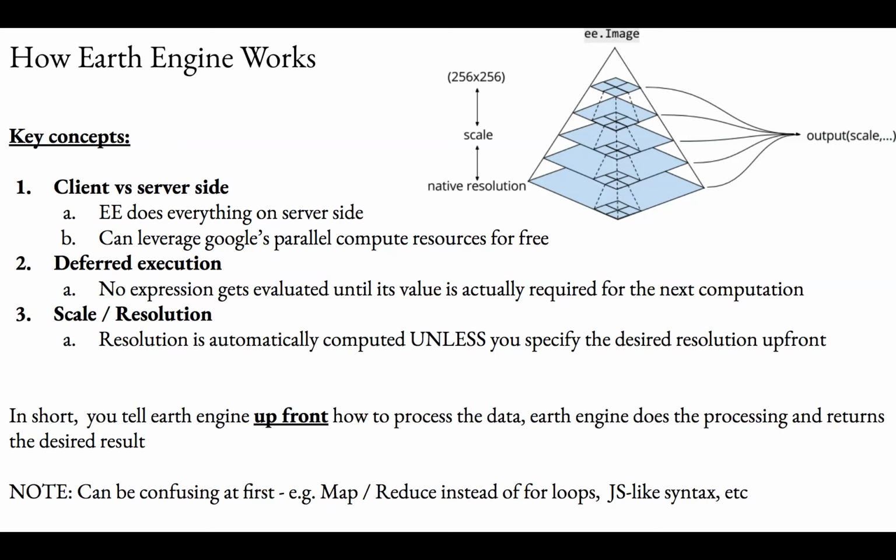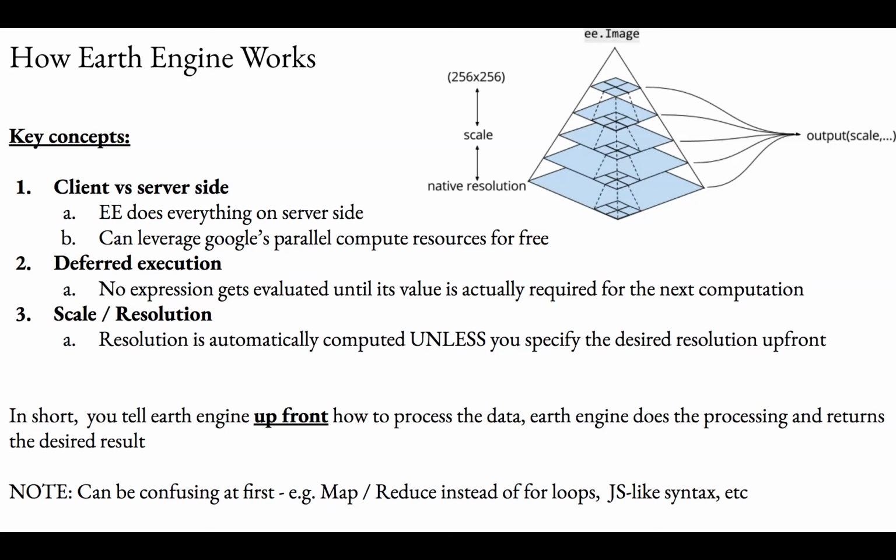The last thing, which can sometimes get you, is the image pyramiding framework that Earth Engine adopts. It makes it so that the spatial resolution is automatically computed depending on the size of your area of interest, and basically it will return the same-ish results.